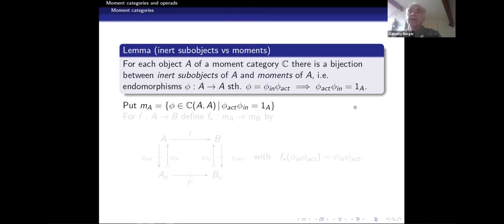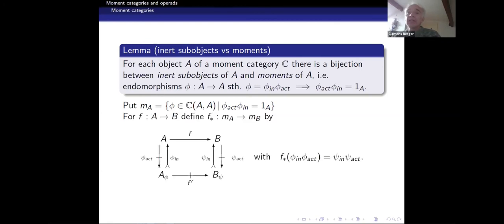Then you can define the set of all moments of an object. And what is now very important is that the factorization system allows you to transport these moments along morphisms.